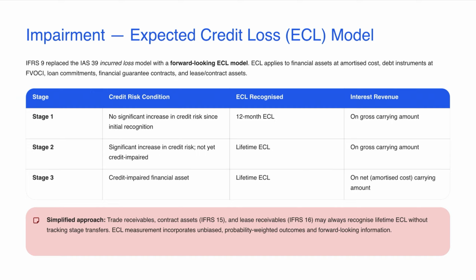There is also a simplified approach for certain trade receivables, contract assets, and lease receivables, where lifetime ECL can be recognized without tracking the normal stage transfers. This is a favorite ACCA exam area. Remember, Stage 1, 12-month ECL. Stage 2, lifetime ECL. Stage 3, lifetime ECL with interest on the net amount.